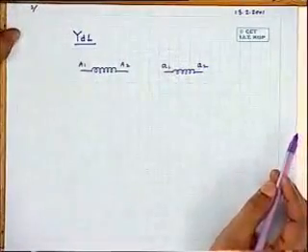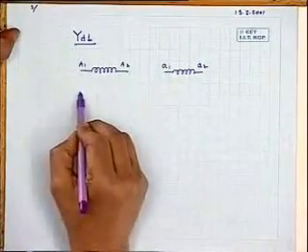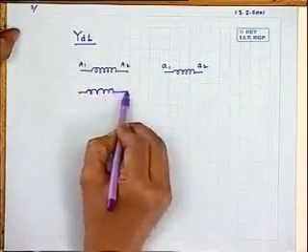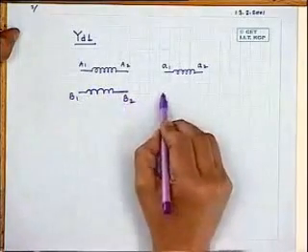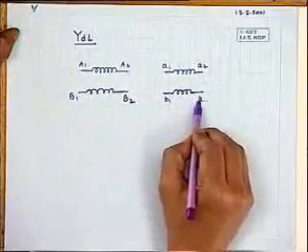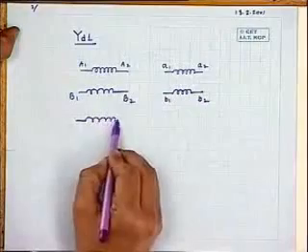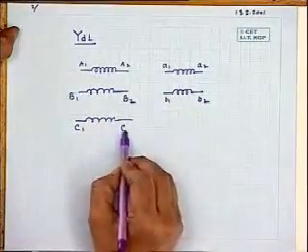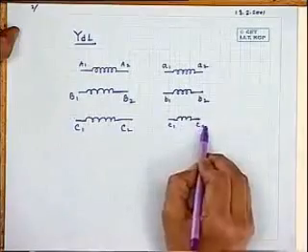So those polarity tests have been done to establish these terminal markings. And similarly, you have capital B1, B2 on the primary side and small b1, b2 on the secondary side. And you have capital C1, C2, small c1, c2.